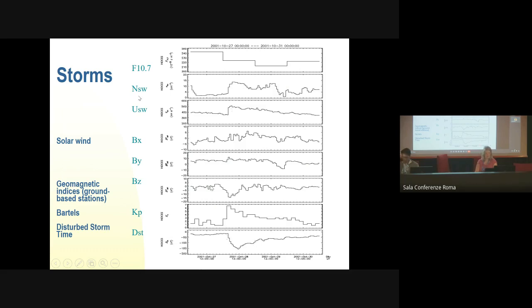And you can see also that often such storms are related to southward interplanetary magnetic field. The solar wind magnetic field Z component is negative, and this shows higher perturbations, and Vx and Vy do not show any specific signature.